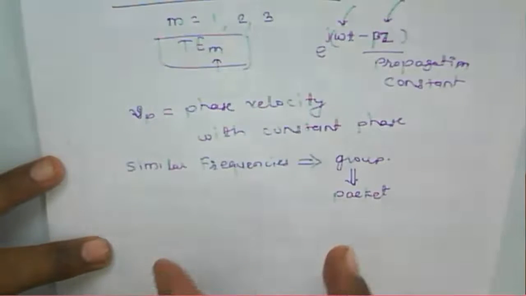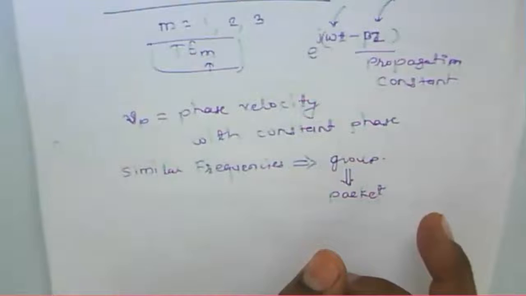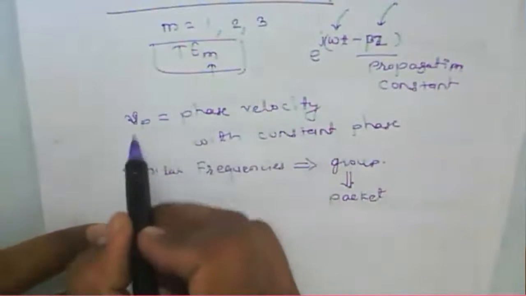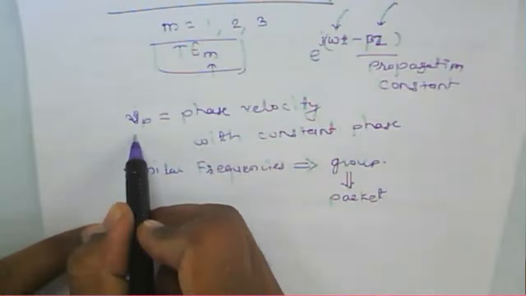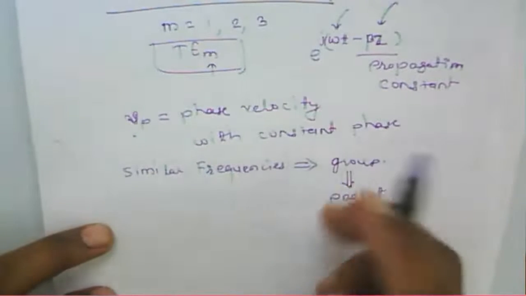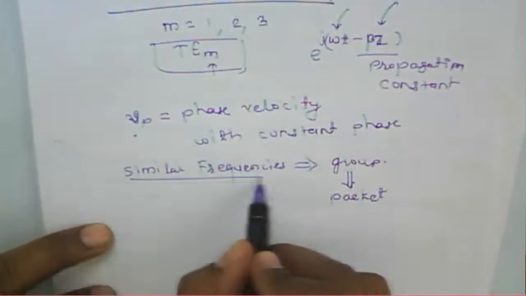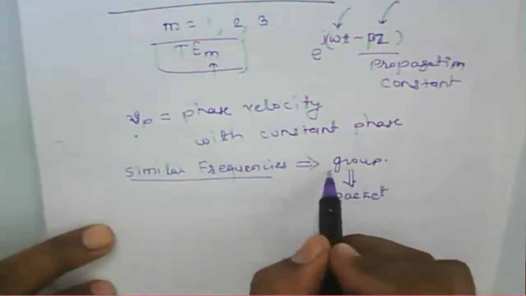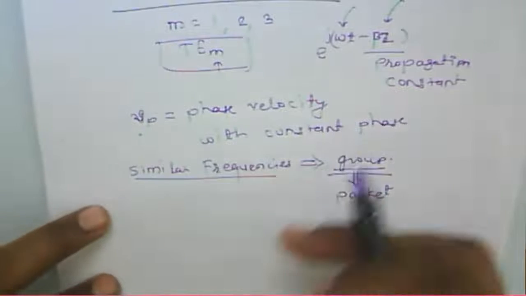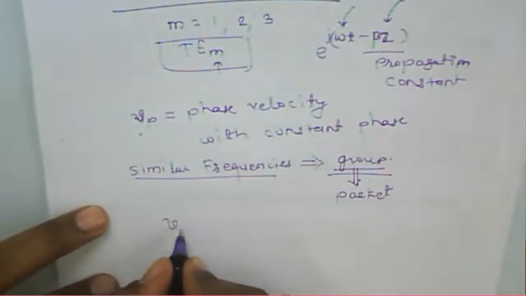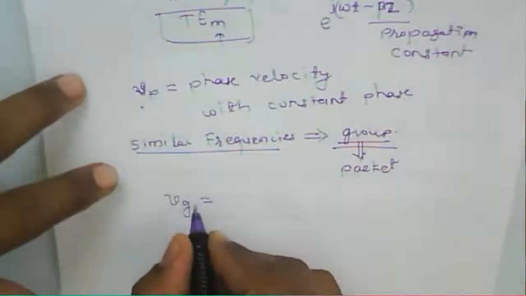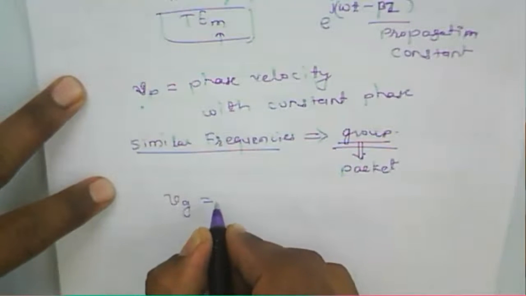That packet does not travel with the particular phase velocity, but it is observed that the packets with similar frequency move in a group. So that particular group has a velocity, and that velocity is called the group velocity.